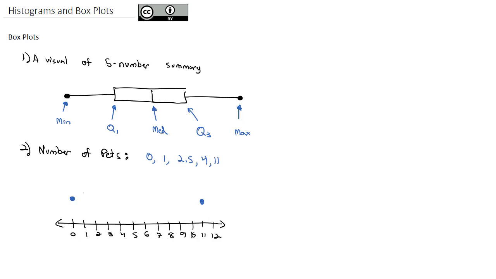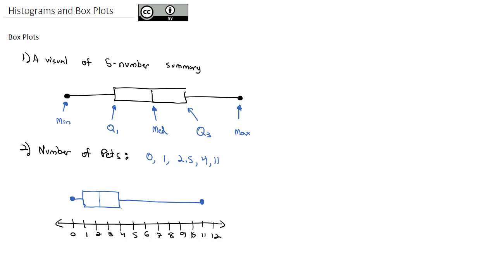The edges of the box then are at 1 and 4. Those are our quartiles. And then in the middle of that, at 2.5, we'll draw another line. Connecting the whiskers gives us the entire box plot, so we can kind of see how spread out our data is for the number of pets.